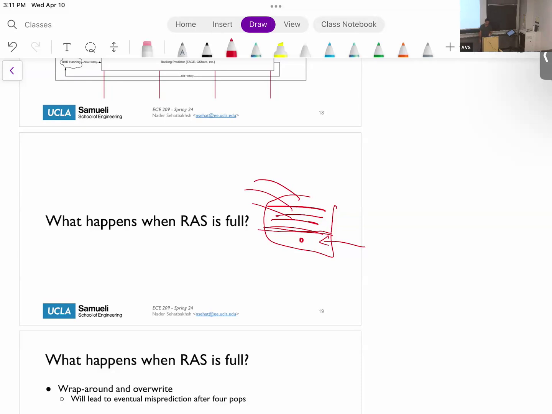No. So what I'm saying is that let's say your RAS gets full, right? So now your next instruction comes, okay? Instead of pushing it into the RAS, what you can do is saying that, oh, I think this is a recursive function. As a result, I'm not gonna push it, but next time I see the return, I'm gonna pop it from the top. Okay, because it might be the same call.